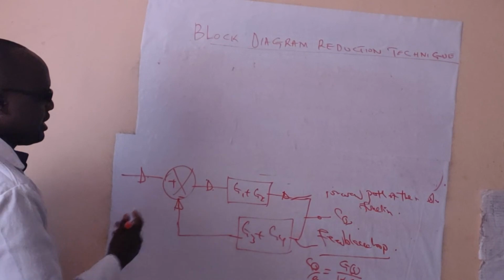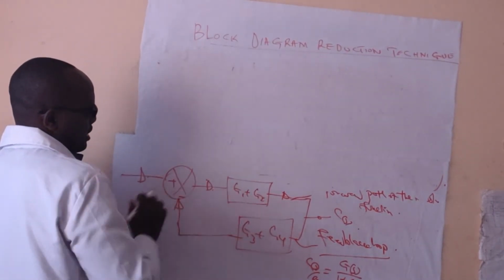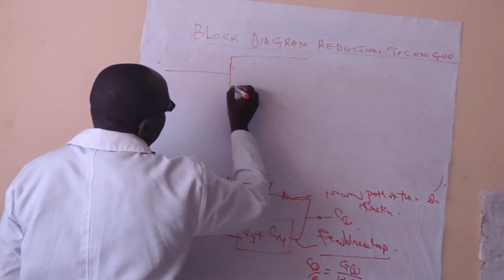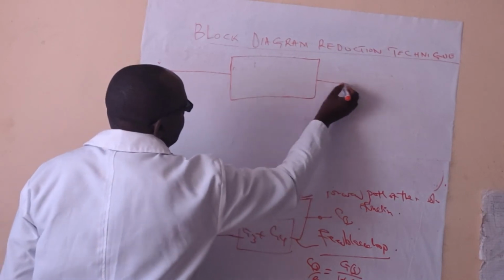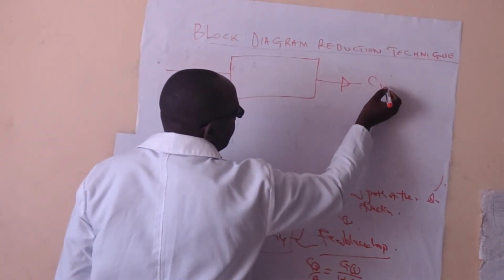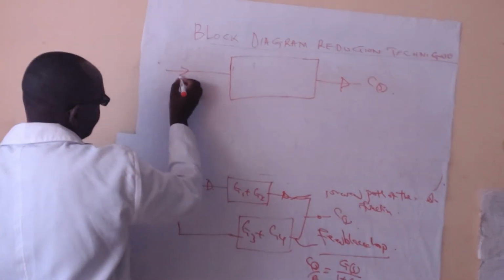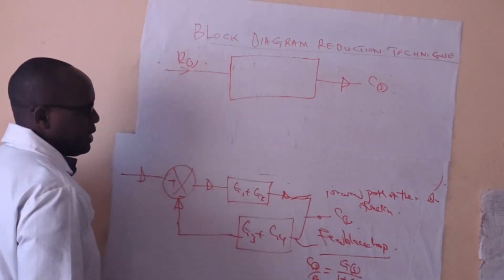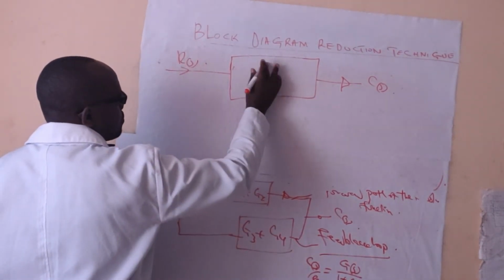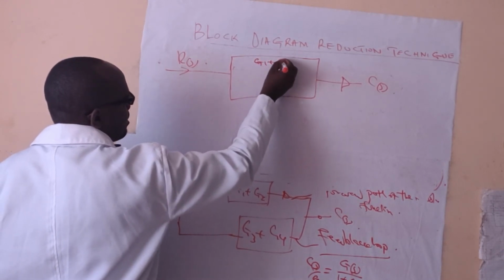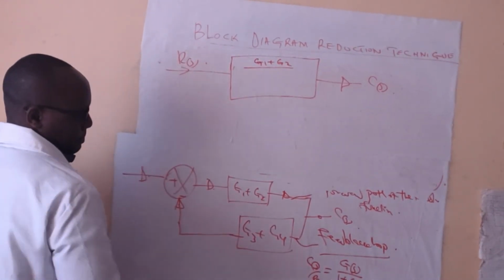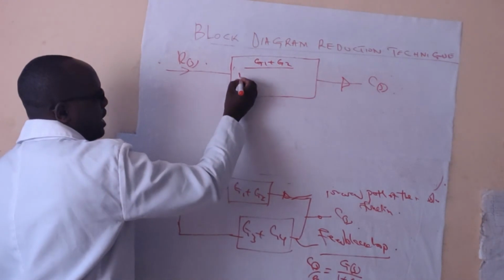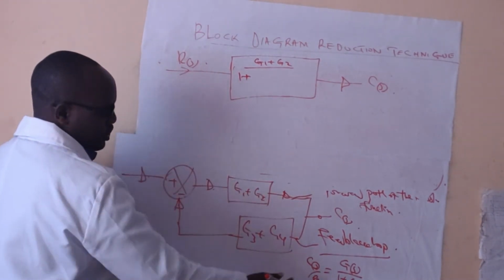Reducing this, we are going to get a single block. Based on that formula, G corresponds to G1 plus G2, so it's going to be G1 plus G2 all over 1 plus G. Because there is a negative here, it becomes positive.